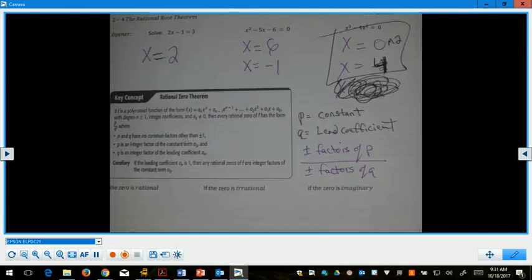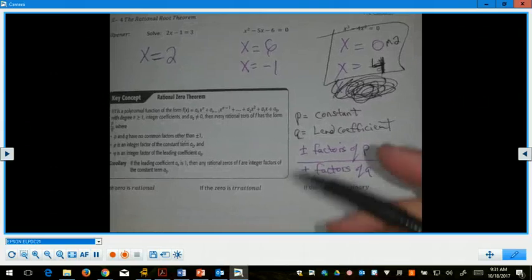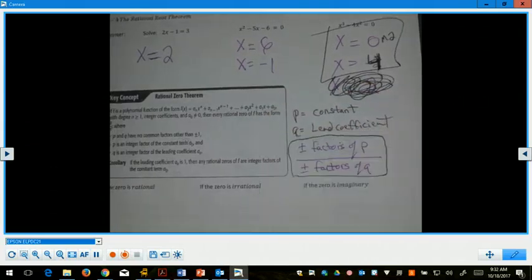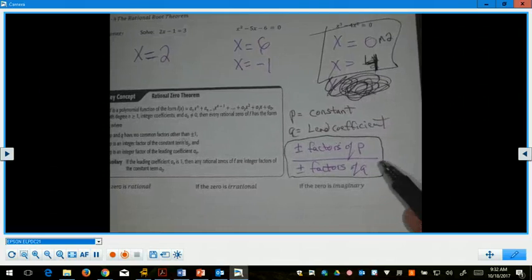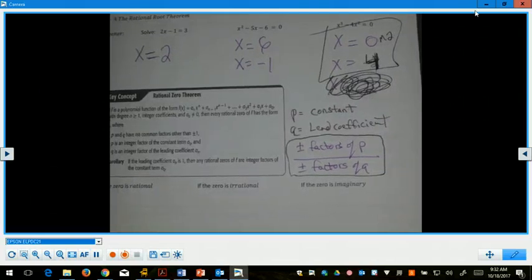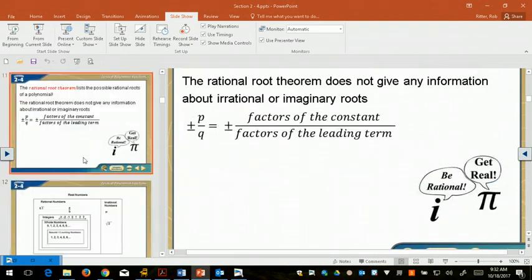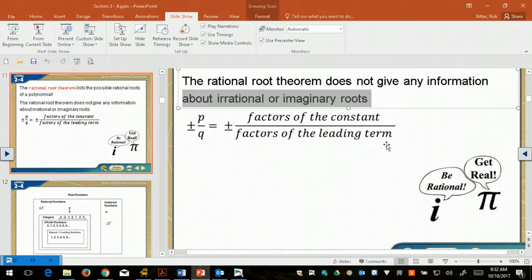We could test those in our calculator to see which ones actually are zeros, and then divide them away to see what's left and solve for the remaining zeros, the irrational and the complex zeros from there. And you did that in Algebra 2, but it's been a while. The rational root theorem does not give any information about irrational or imaginary roots.